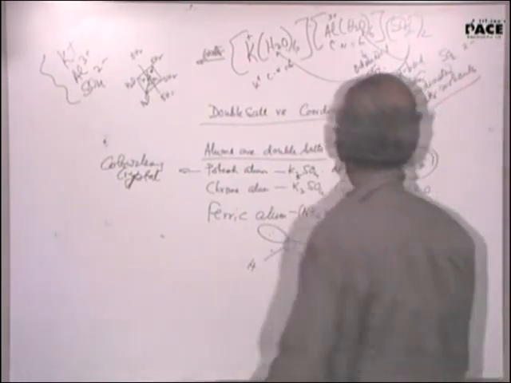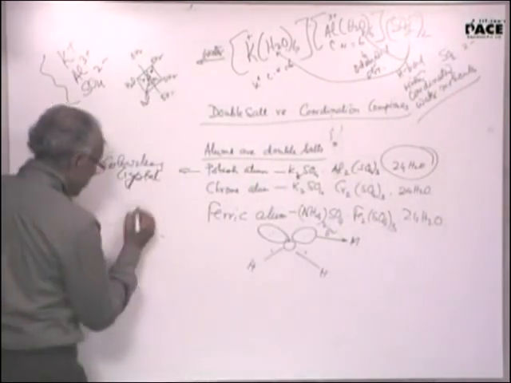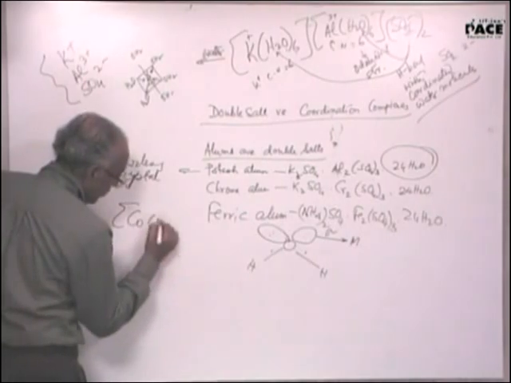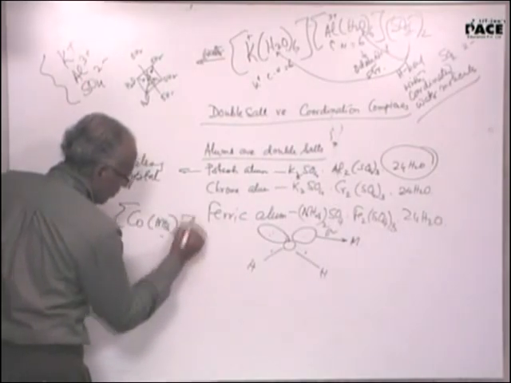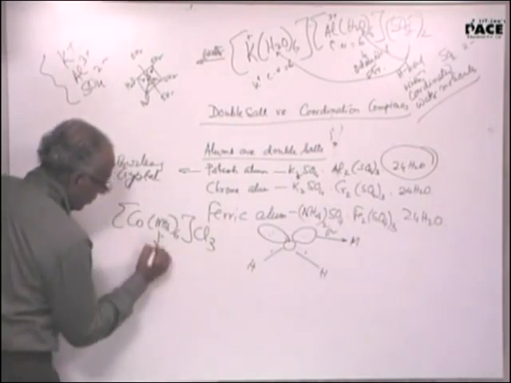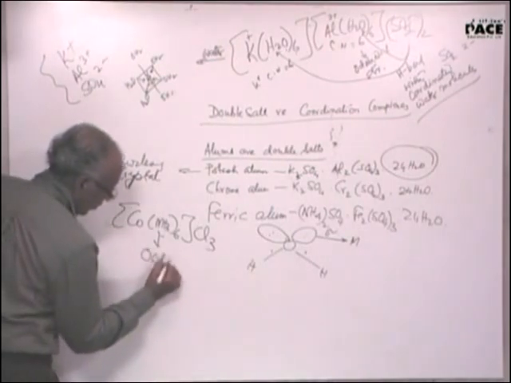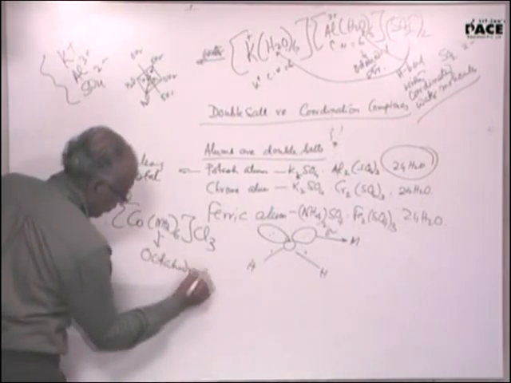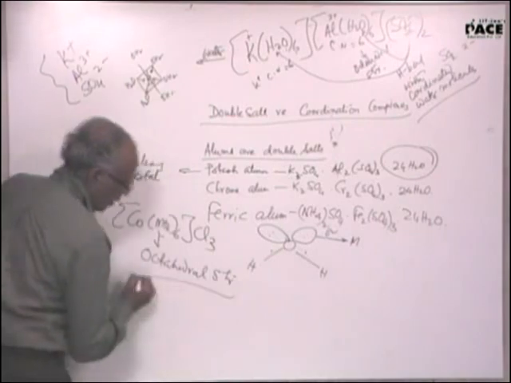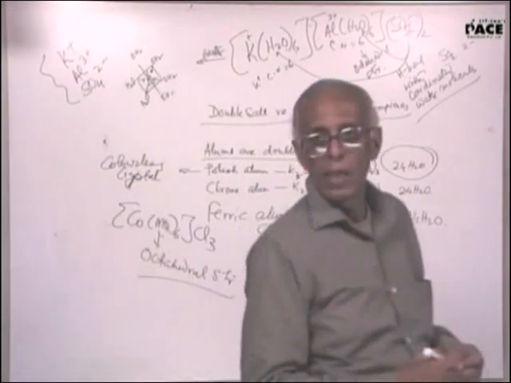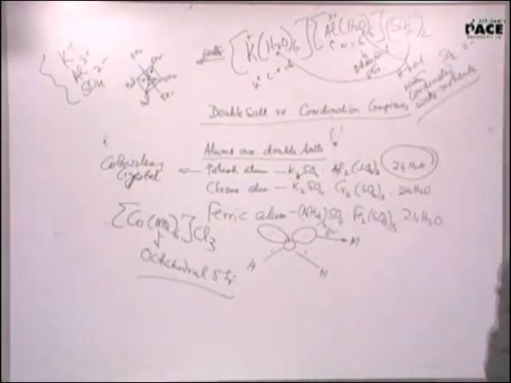So, there are 6 ammonia molecules within the coordination sphere, so it will show octahedral structure.